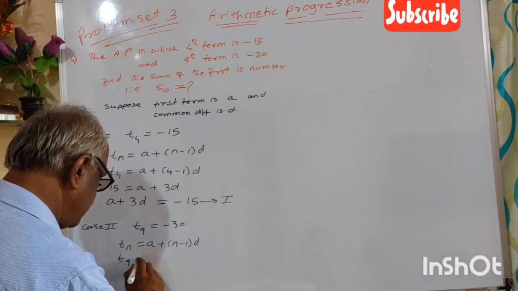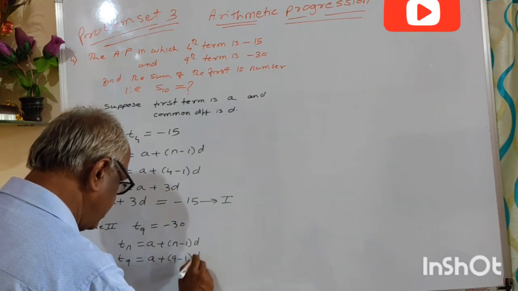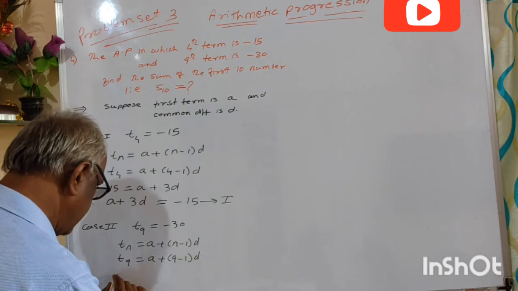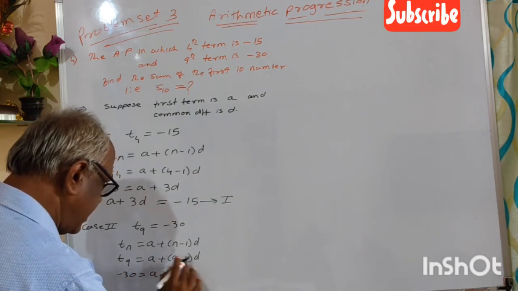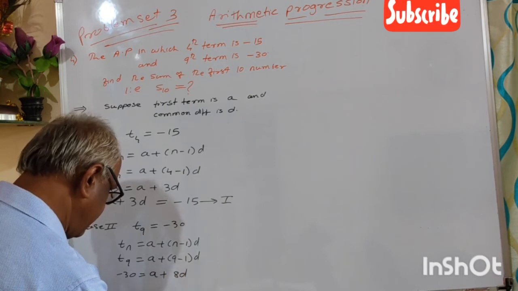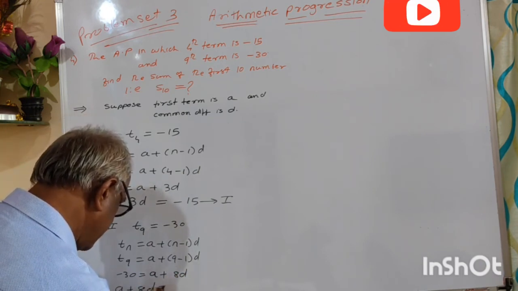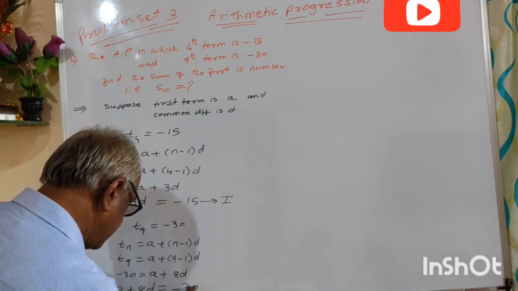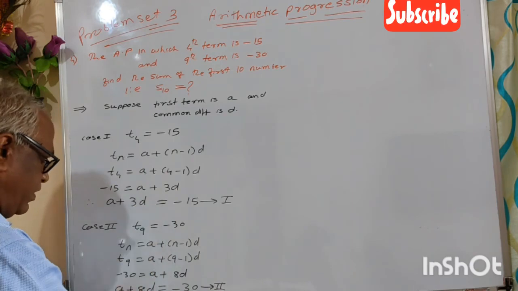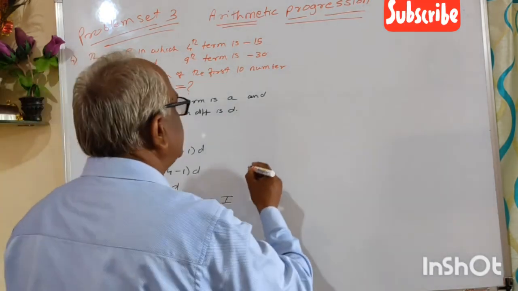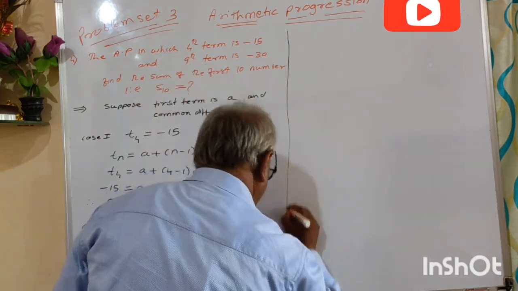T9 is equal to a plus (9 minus 1) into d. T9 is minus 30, which is equal to a plus 8d. So a plus 8d is equal to minus 30. This is equation number 2. Equations 1 and 2, if we solve by simultaneous equations, we will get the values of a and d.